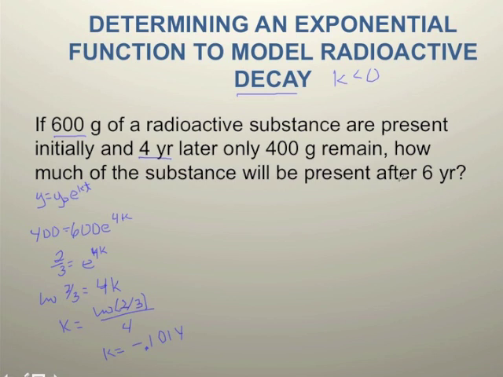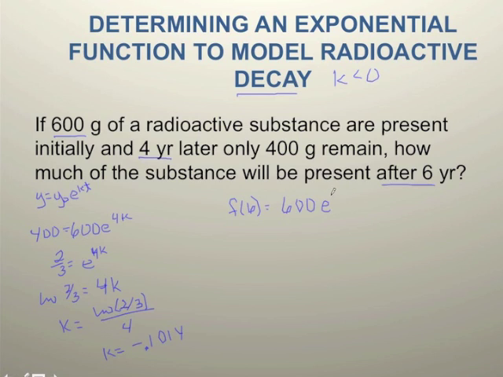Now we're going to go back and find out then for 6 years. Still using the same formula, but now I have some numbers filled in. I'm looking for after 6 years. I started with 600 grams.